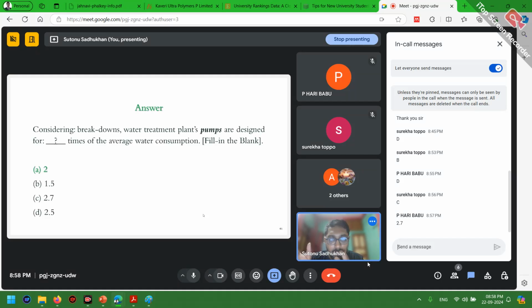So the design capacity will be 2 times the average water consumption whenever you are considering breakdowns, while for maximum consumption it is 1.5 times.